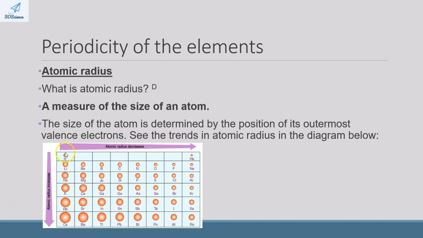So the question is, why does it take more energy to remove the electron of hydrogen relative to lithium, relative to sodium? It takes less energy to remove the outermost electron of a potassium atom relative to sodium.